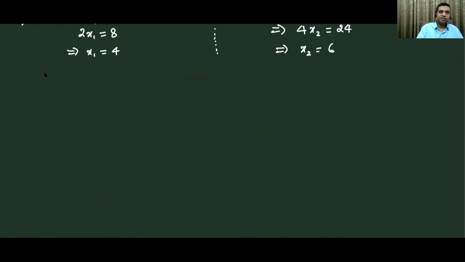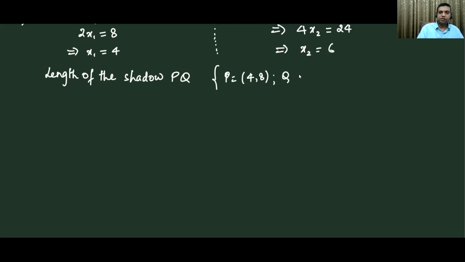Or otherwise, the length of the shadow PQ, where P is 4, 8 and Q is 6, 8.